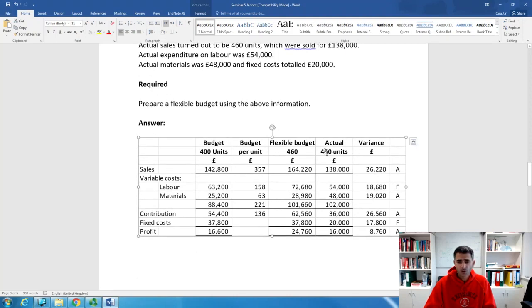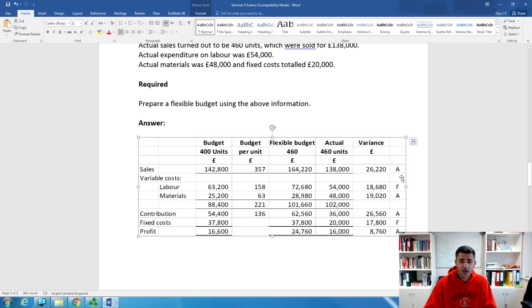It's based on 460 units, and we multiply it by the budget per unit based on the static budget here. When it comes to variances, you need to see the difference between the flexible budget and the actual results. So for instance, as you see, there is a difference here with 226 to 120.